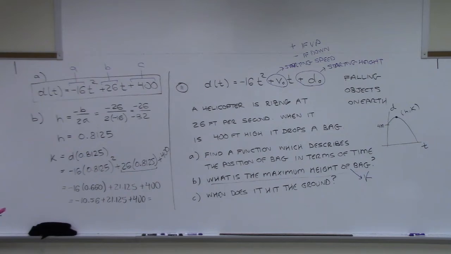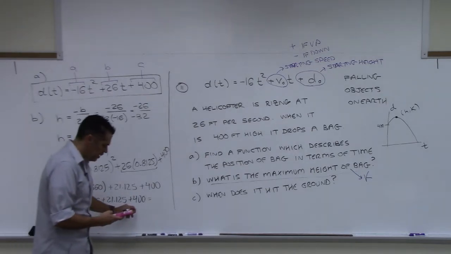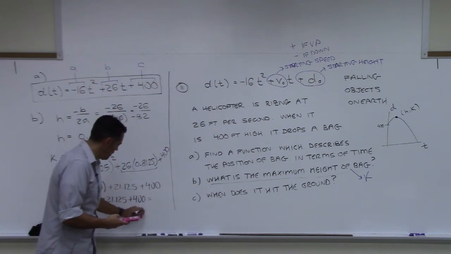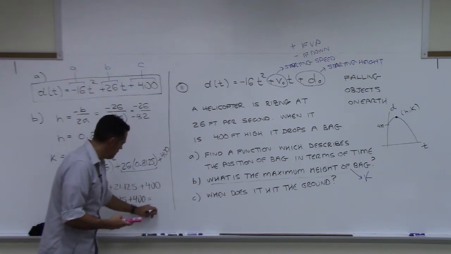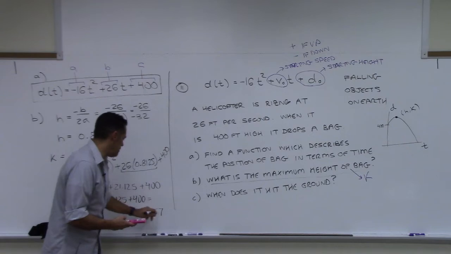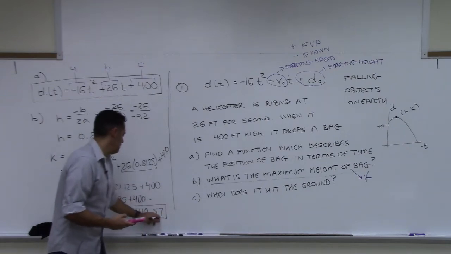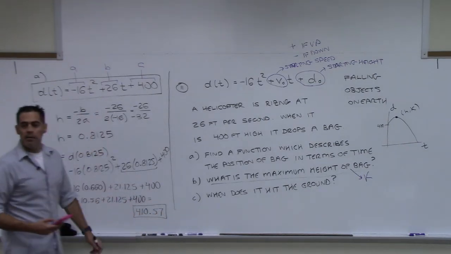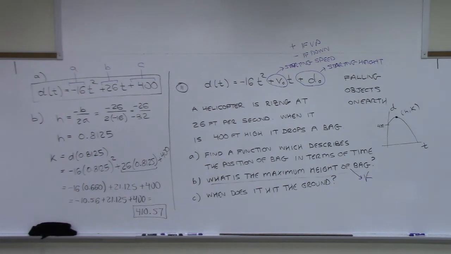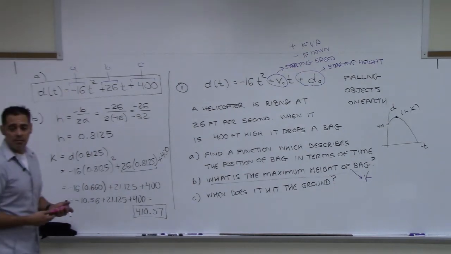Are there any questions while I'm doing this? $410.5, I'll round it, 0.57. 410.57 feet, right?